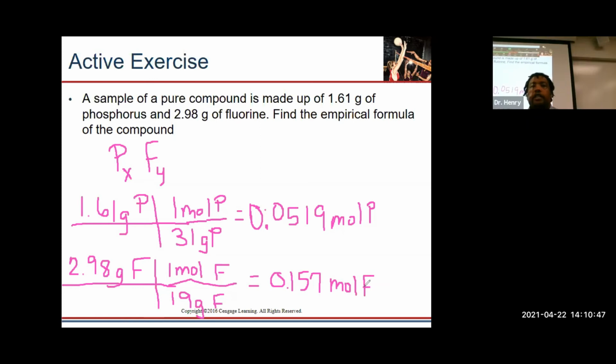Okay, so at this point, you're going to figure out which one has the smallest number of moles, phosphorus or fluorine. Phosphorus. So phosphorus has the smallest number of moles. So what we're going to do is divide both numbers by the number of moles of phosphorus.